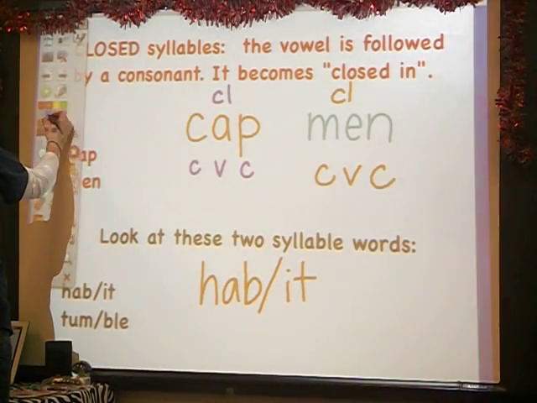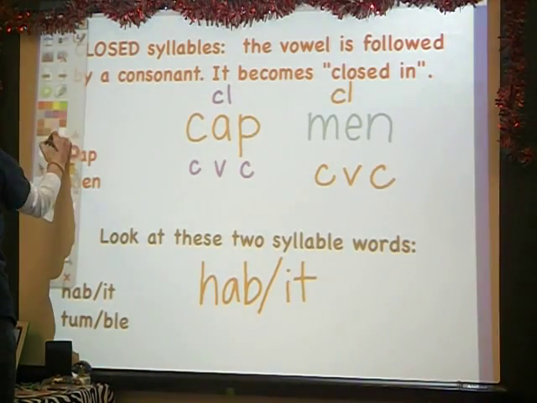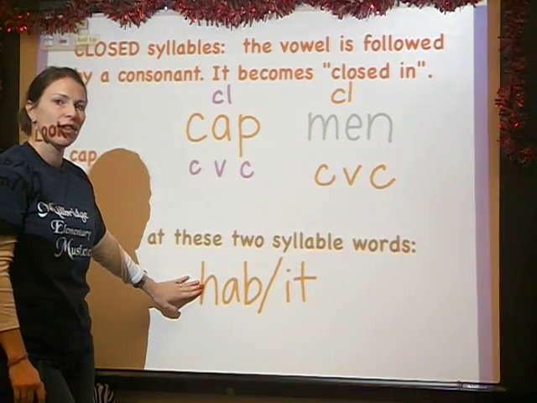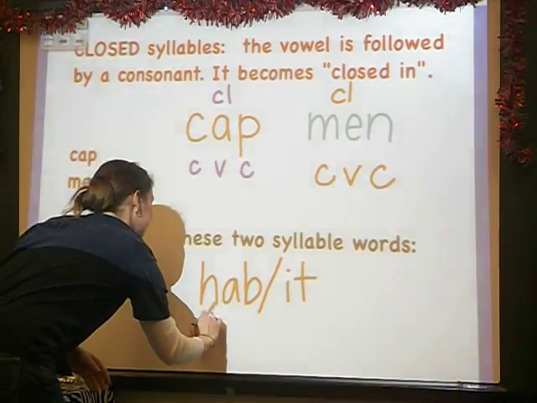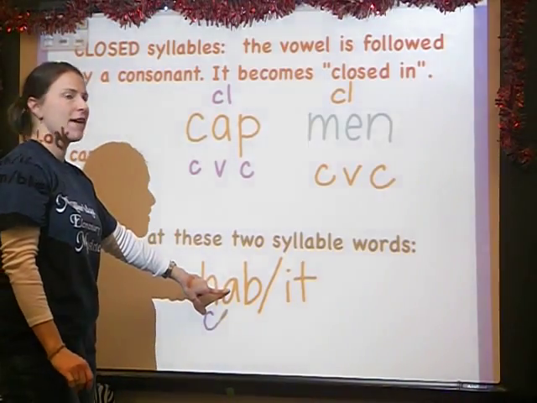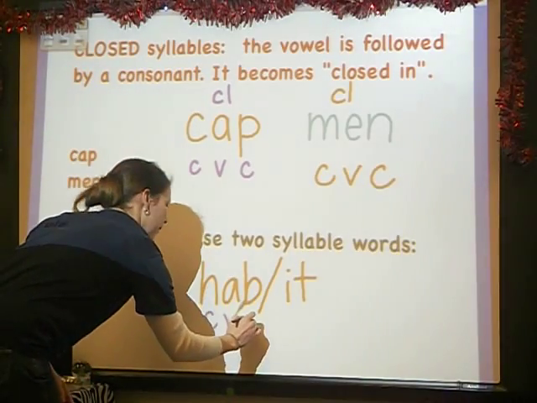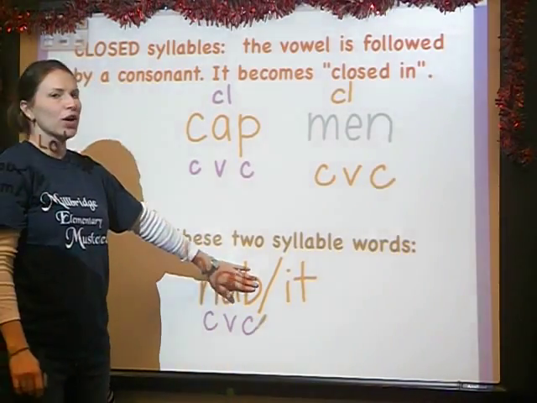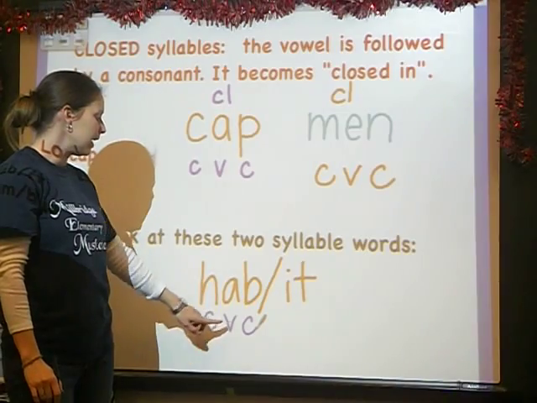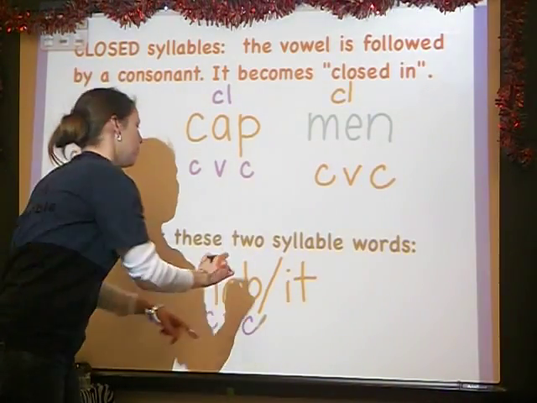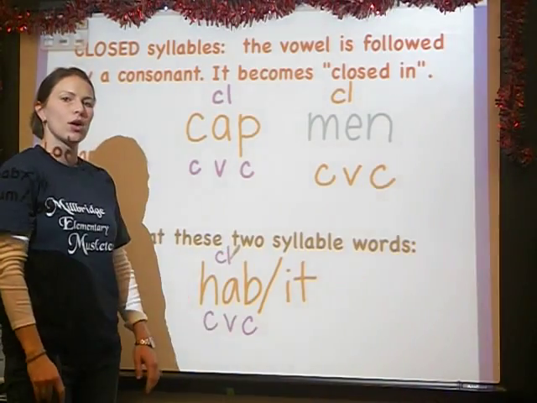So what I would like to do is break apart this word, and we are calling that decoding. When I look at my H, I know that is a consonant. The A is a vowel, and the B is a consonant as well. So if I look at this first syllable in habit, I see that my vowel is closed in by the B. That makes this a closed syllable.